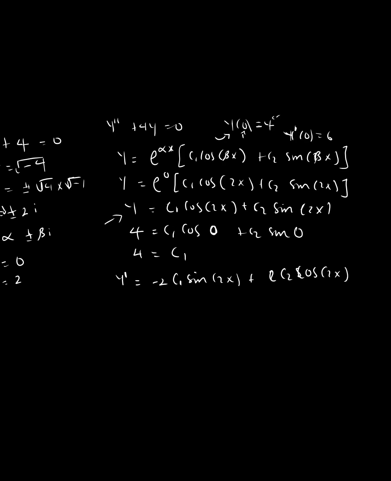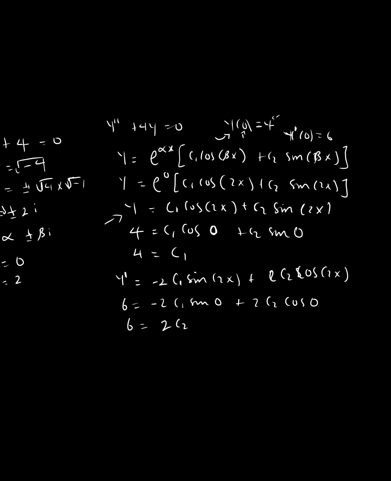Then we're going to put our values where x is 0 and y prime is 6. So we have 6 equal to negative 2 c1 sine 0 plus 2 c2 cos 0, right? Remember, sine 0 is 0, cos 0 is 1. We have 6 equal to 0 plus 2 c2, right?